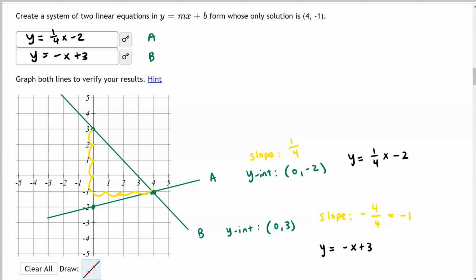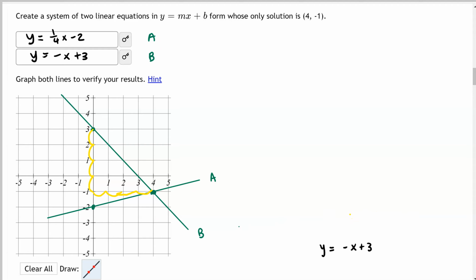Okay, and now I just want to illustrate that if I solved that system of equations using the elimination method, we would get that the solution is in fact (4, -1). So let's go ahead and solve that system of equations using the elimination method.